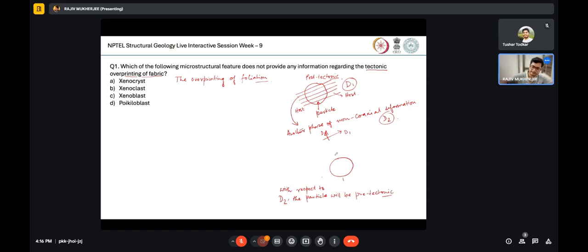So in that case, it would be having initial fabric, and the later fabric would wrap around it, and the outer ones will be deflected, right, like this.